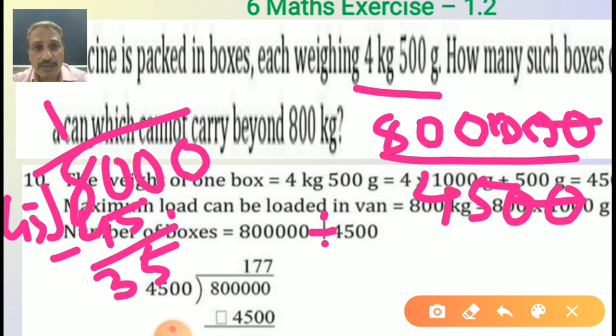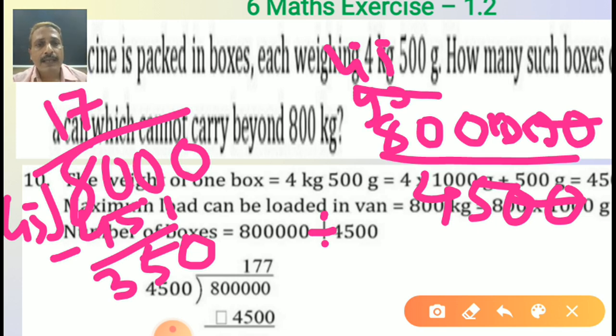Bringing down this 0 here, that means now 350. 45 table we have to count up to 350. Yes, my dear student, 45 into 7. On the right side you can write 45, 90, like this way. 7 fives are 35. 3 is the carryover. 7 fours are 28 plus 3, 31.